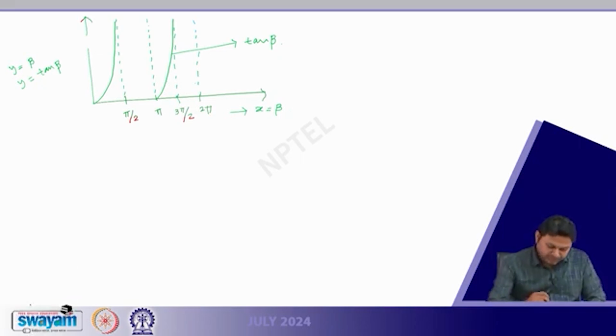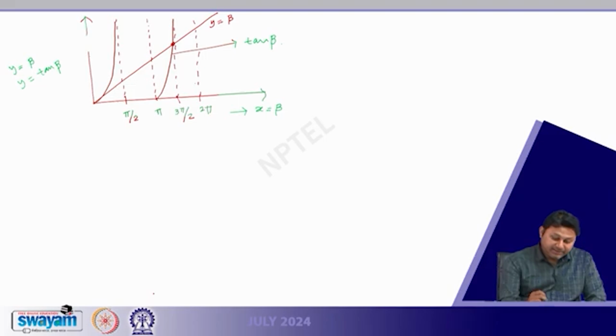Now I draw y equal to, say, beta, which is a 45-degree line roughly. So you can see that it cuts at a point. So the first point is 0, and second it cuts at some point, and also it cuts at another point, and so on. Okay.